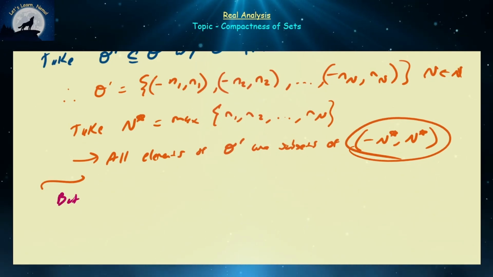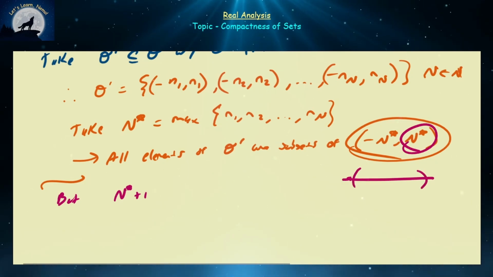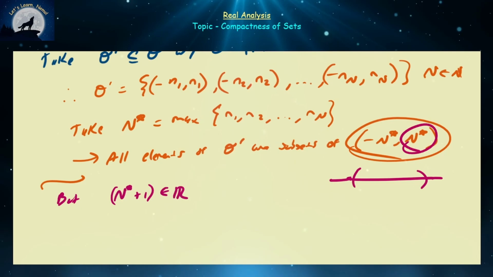So let's go one more than n star, because what we have here is an open interval. If we go one more number bigger than n star, we know that this number does belong to R. So what does that exactly mean? That means this number does not belong to O prime, because it's in the complement of that open cover.